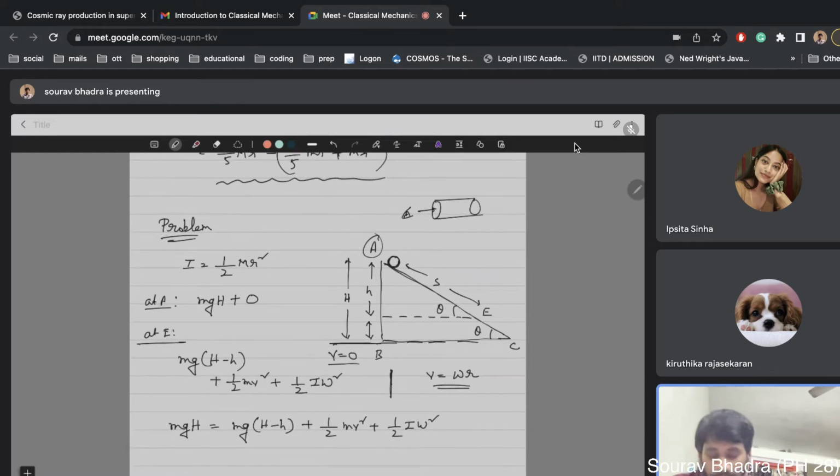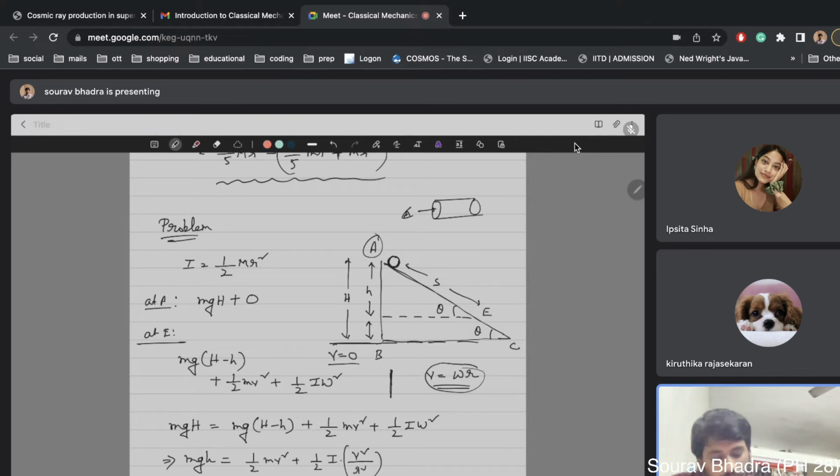Now if you write it like this, m g capital H cancels out from both sides, and m g small h we can take to the left hand side. Then it will be half m v square plus half I omega square. Omega we will substitute as v by r, so omega square is v square by r square.